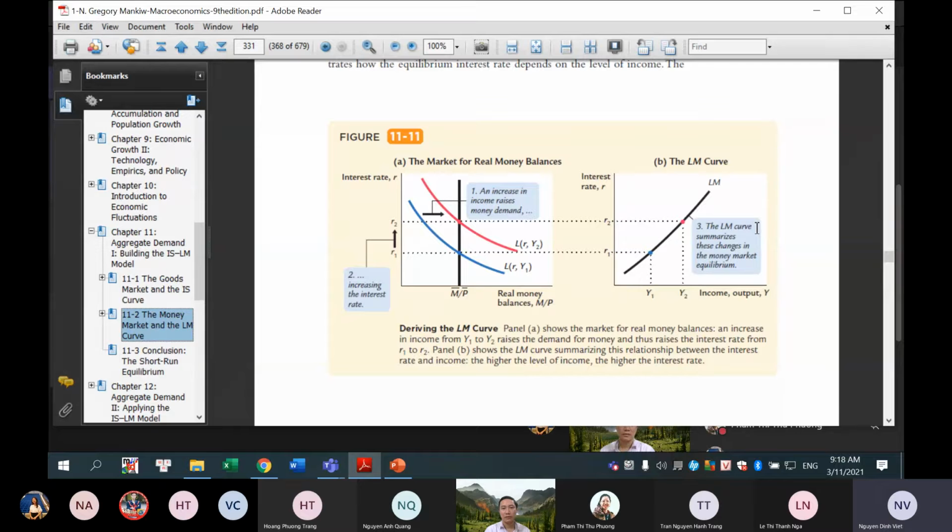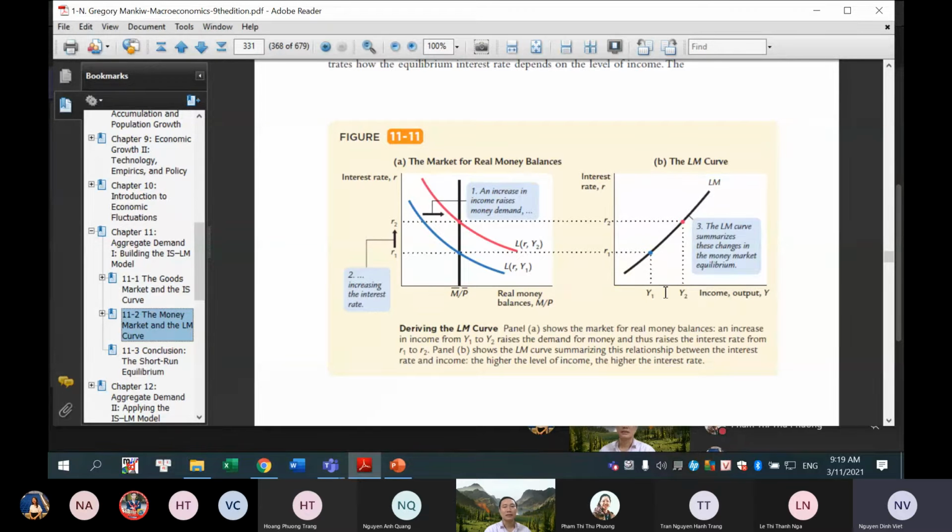The government prints more money. Yes, when the central bank prints and issues more money, the money supply will be much larger, and therefore the NM curve will shift to the right.